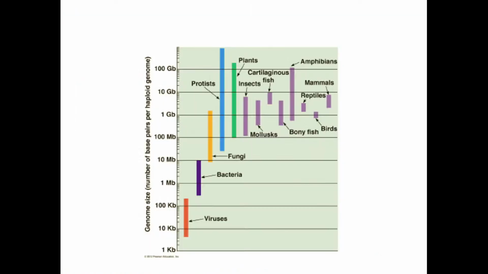And the human genome consists of near 3.2 billion nucleotides. And you can see that in mammals it is not too big a genome, it's not the maximal genome.